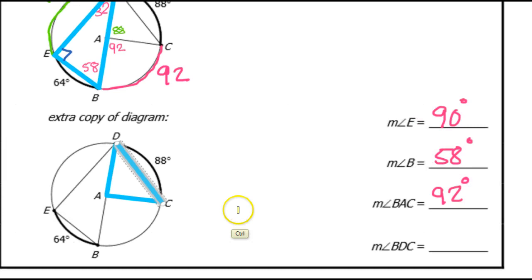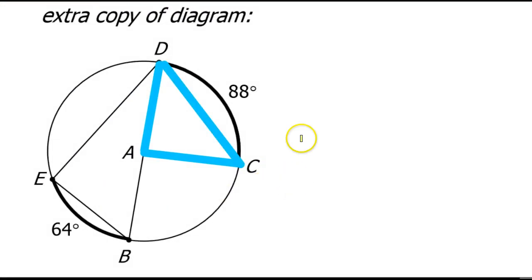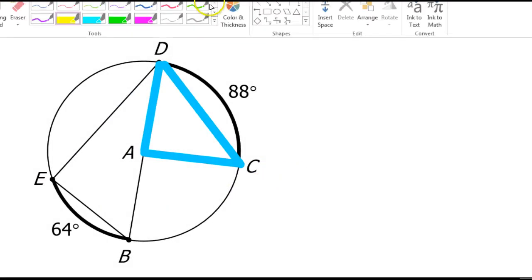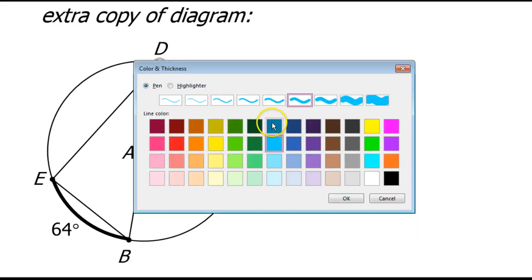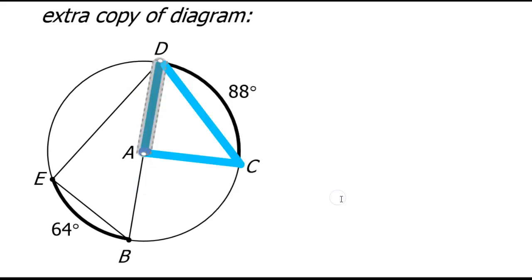Okay, so here's the key. The key is recognizing that this is an isosceles triangle. All right, this is a circle. So if I look at this right here, I'm going to change the color a little. Do you understand that this is the radius of a circle?